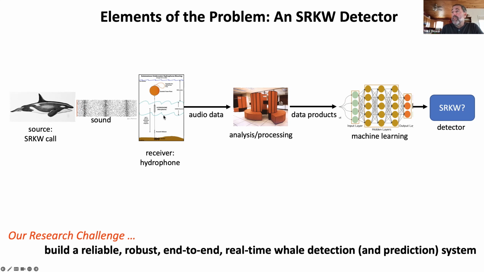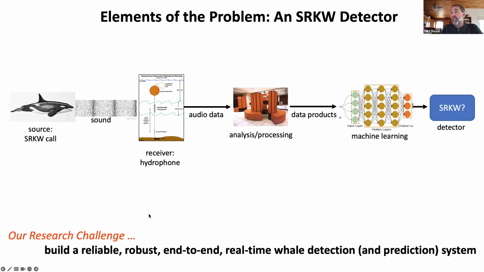The hydrophone samples the signal that it detects and produces some audio data. We do various sorts of analysis and processing on that data. We produce data products, typically spectrograms, and these spectrograms become the input to various types of machine learning. Machine learning is designed to detect whether the sound heard, via the information in the spectrogram, can be attributed to a southern resident killer whale or not.